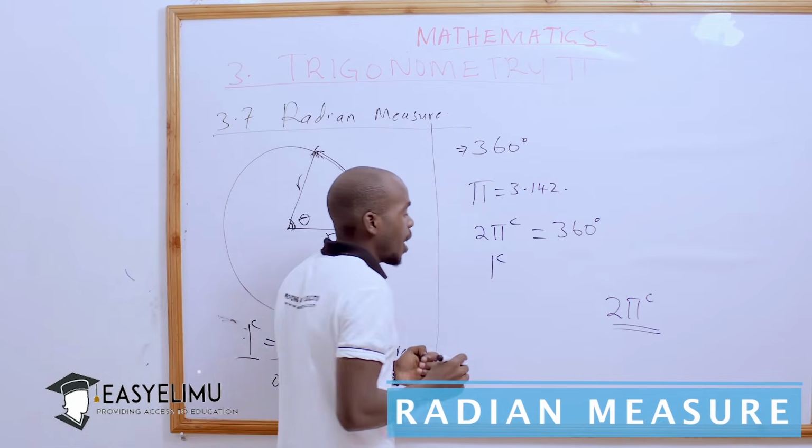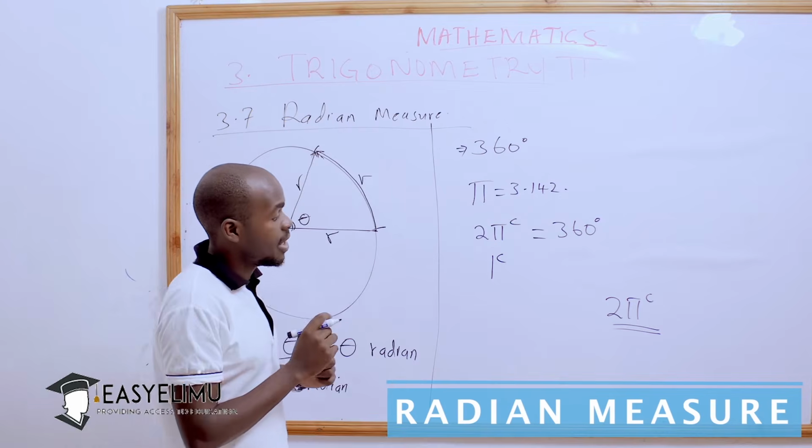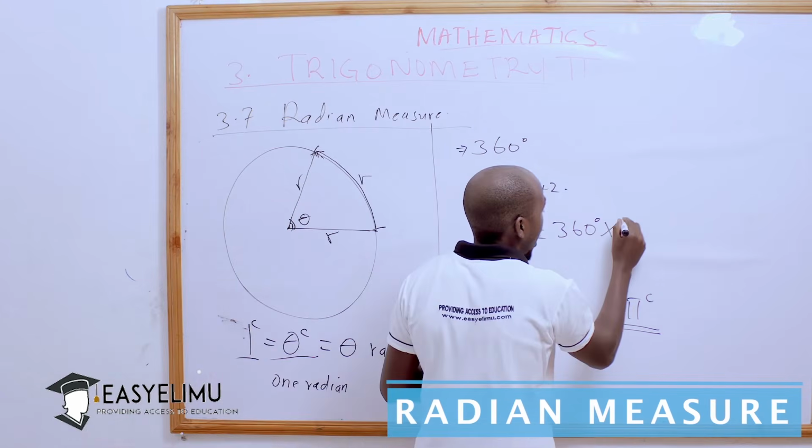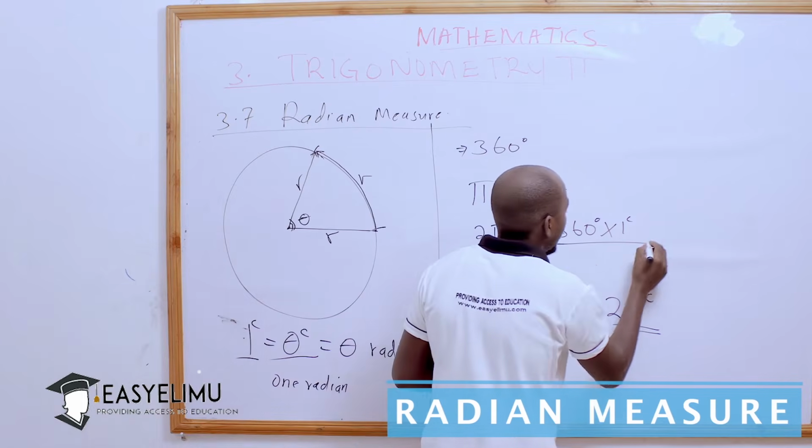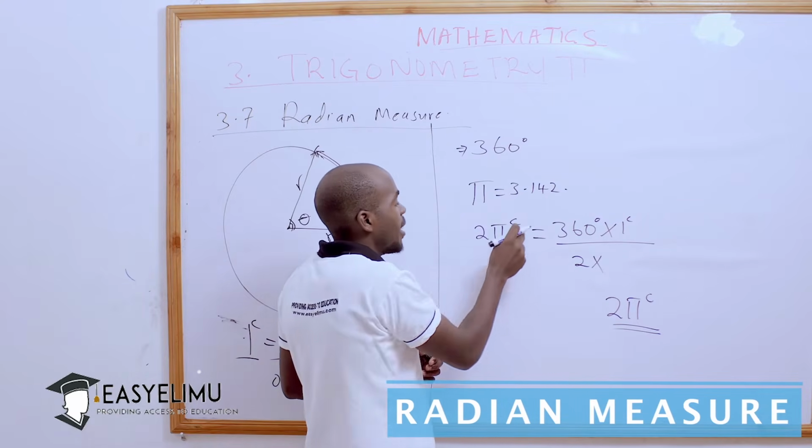So we are going to look at 1 radian, and we shall see that if we need to find how many degrees are there in 1 radian, we are going to divide 360 degrees by 2 pi radian.